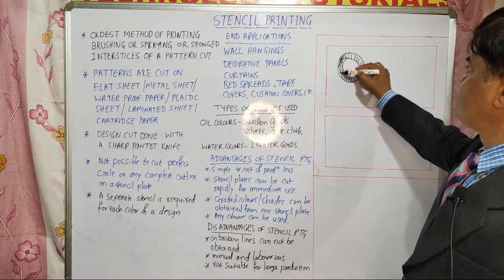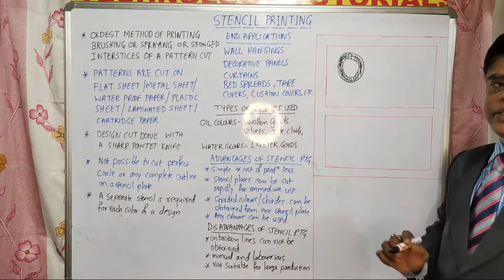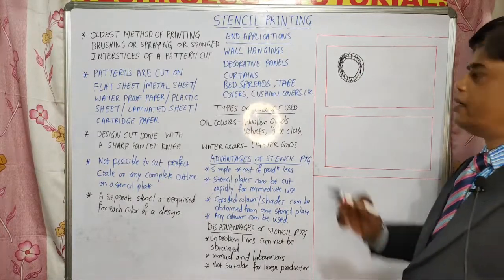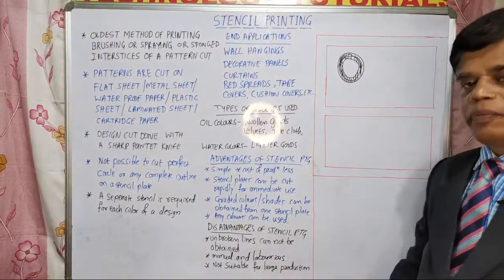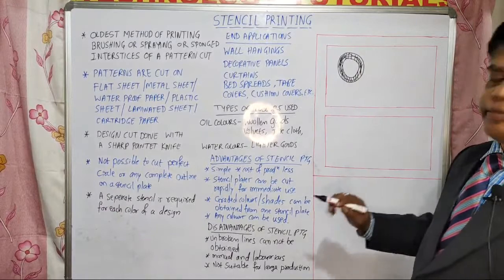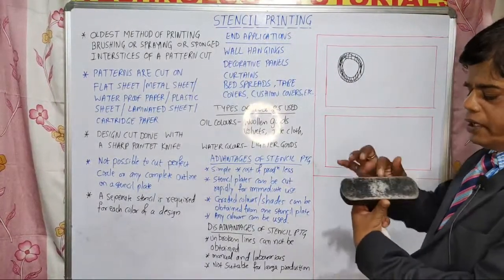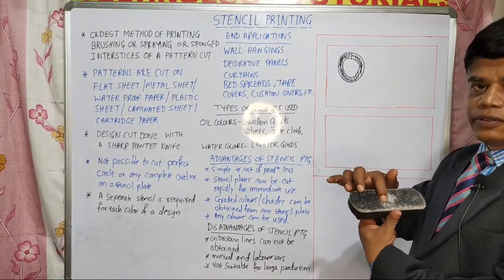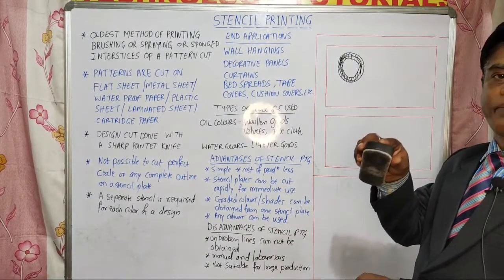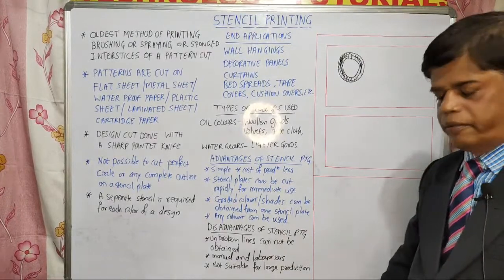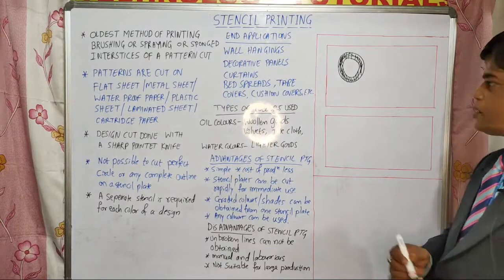Is it possible? In case of block printing, this is possible, because we can cut the curves, the circle, paste it and stamp it. But in case of stencil paper, how to cut the stencil?